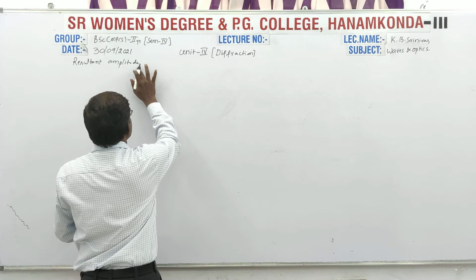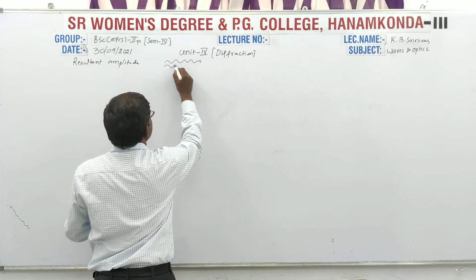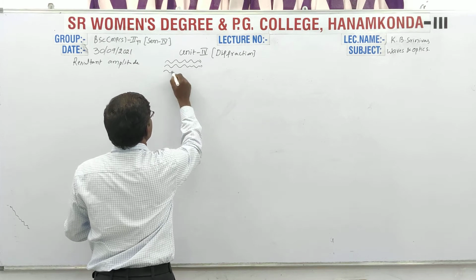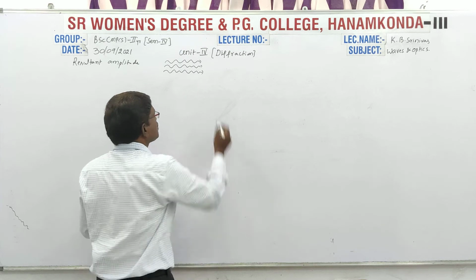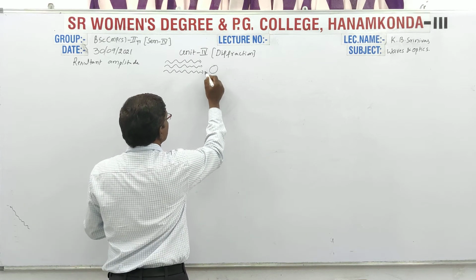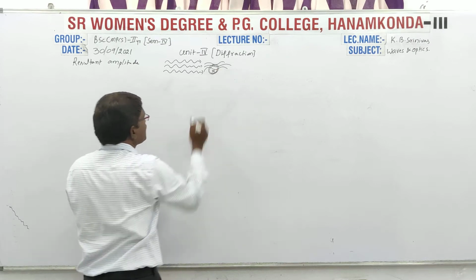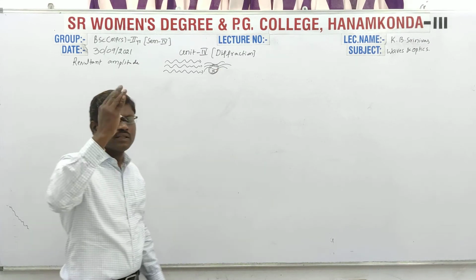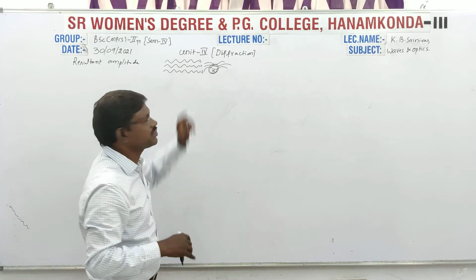To understand this concept, let us consider this is one light wave, this is the second wave, this is the third wave. All are moving in the same direction, so they are superimposing on a particle like this.